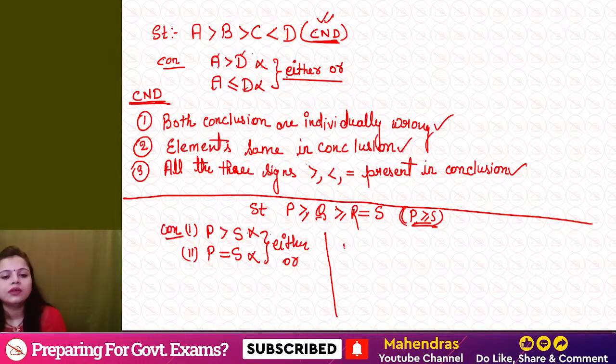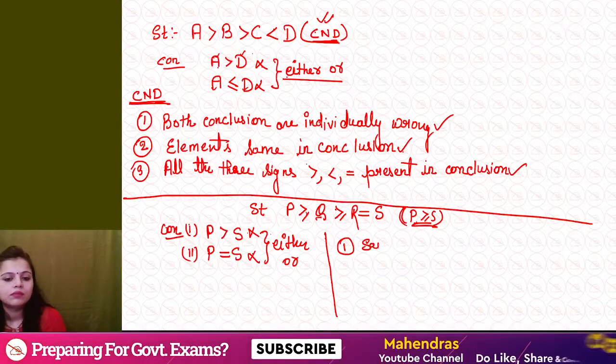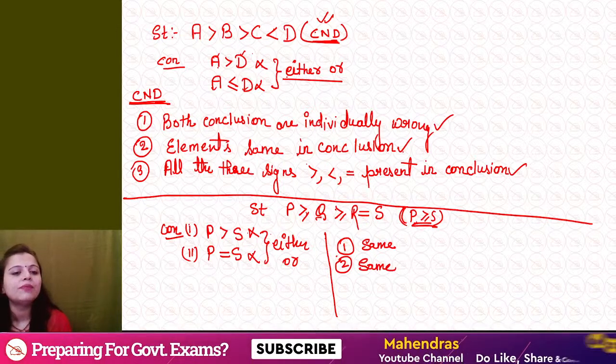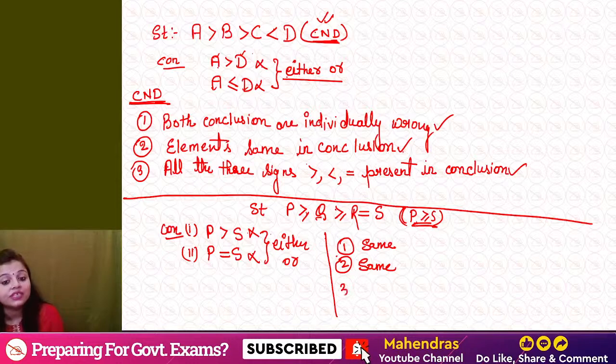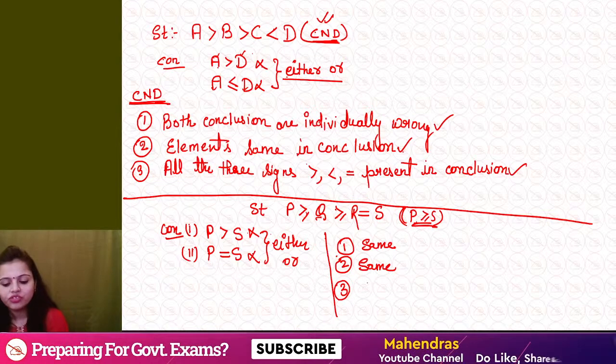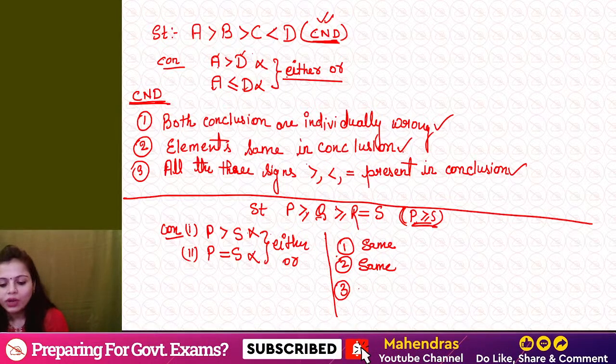According to the rule, number one is the same, meaning conclusions individually wrong. Rule number two is again the same, that is, elements same in conclusion. But rule number three is different. What is rule number 3?